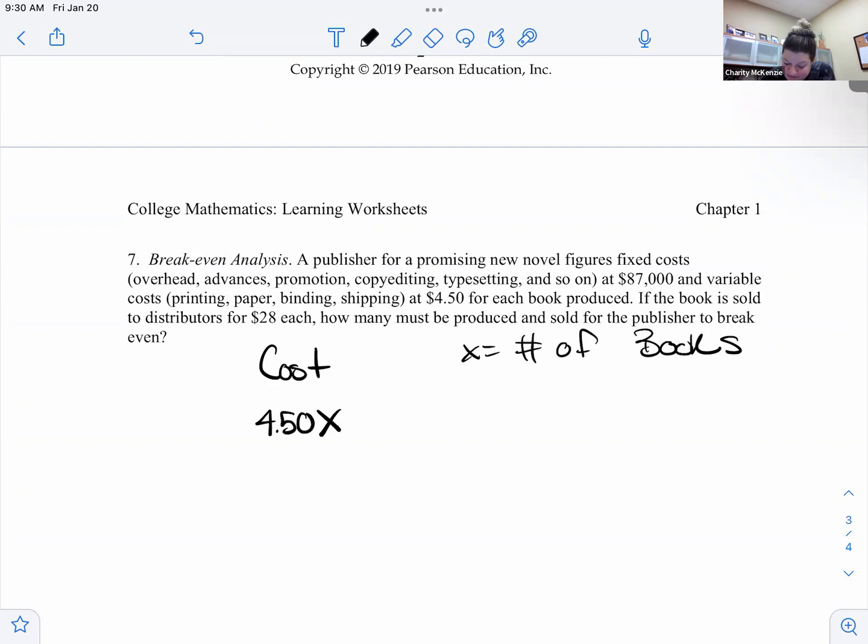So $4.50 per book produced. And if sold to distributors, how many? They're sold at $28 each. Because this would be plus, the cost would be plus 87,000. Oosh, kaboosh, that's going to be a lot.